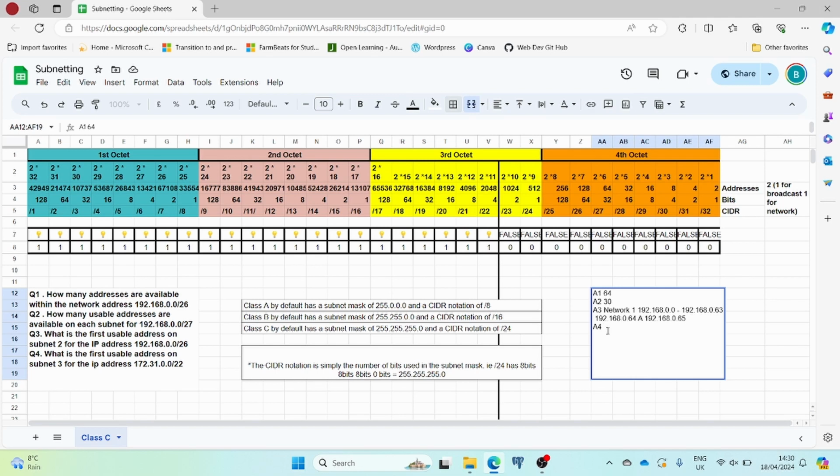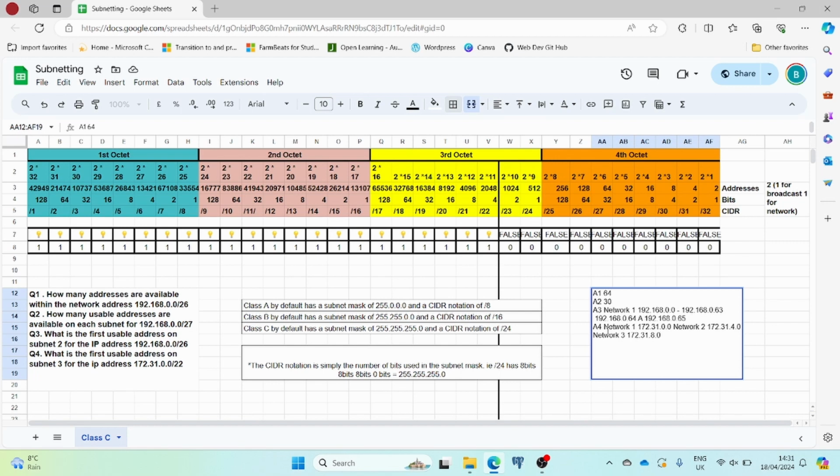Network 1 is given to us. It's 172.31.0.0. Network 2 would be 172.31.4.0, and network 3 is 172.31.8.0.